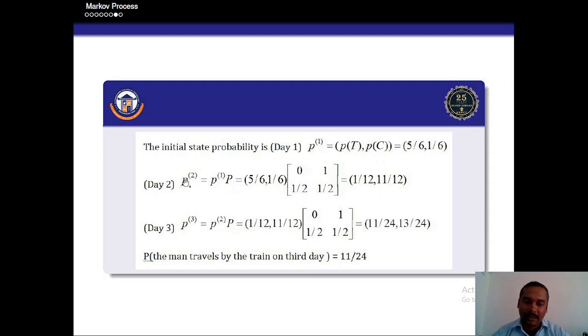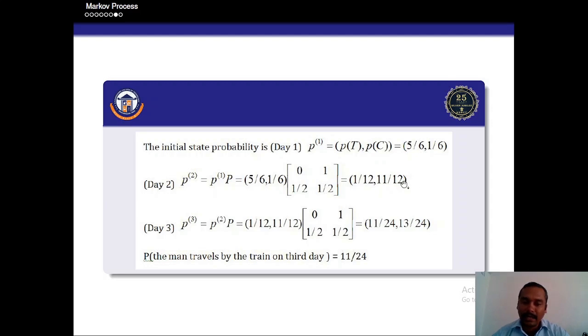So for the second day we can use the value of the first day, that is p power 1 into the p value. Multiply these two matrices. This gives the probability that the man goes to the office by train or car on the second day. For the train, the probability value is 1 by 2. For the car, the probability value is 11 by 12.